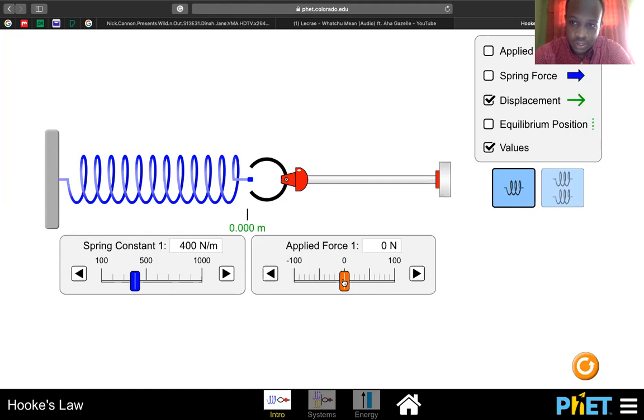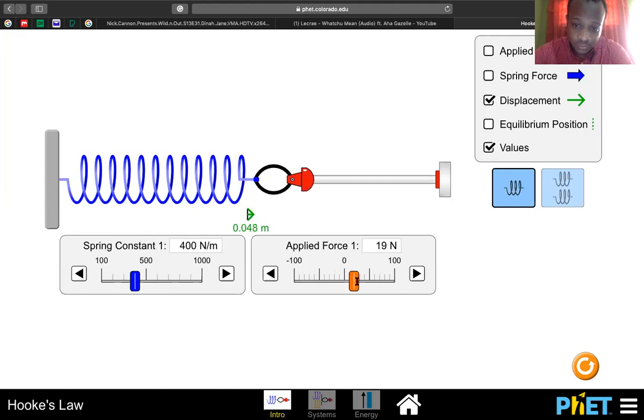So now we will apply the same amount of force, 20 newtons. Now our extension is less. Why is our extension less? Our extension was 0.1 before, and it is 0.05. Why is that so? The spring constant is higher.